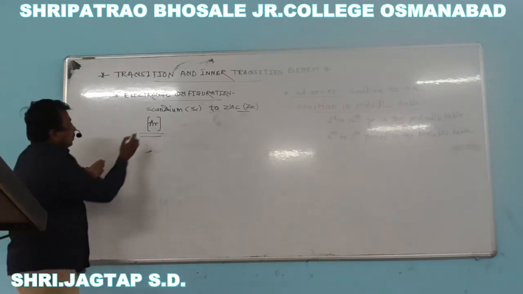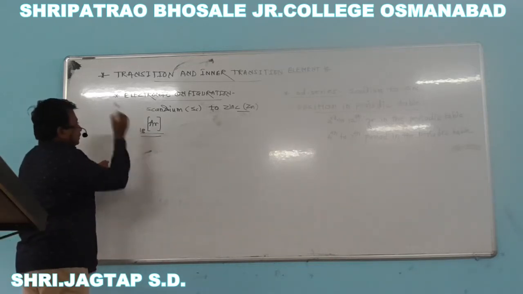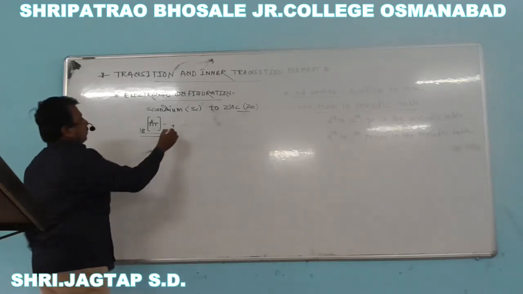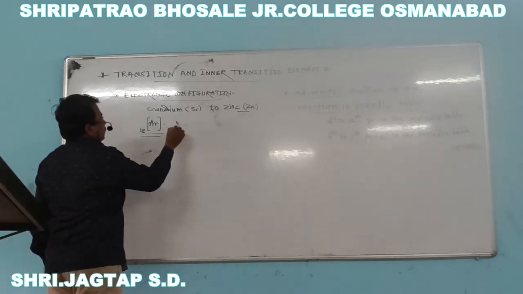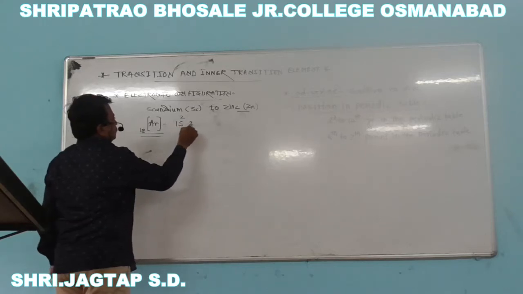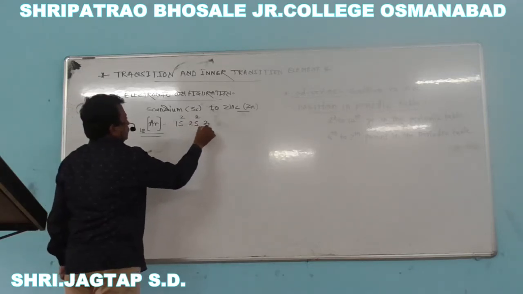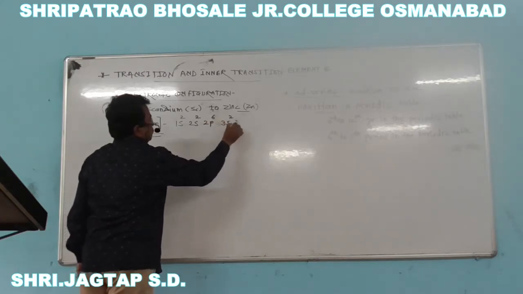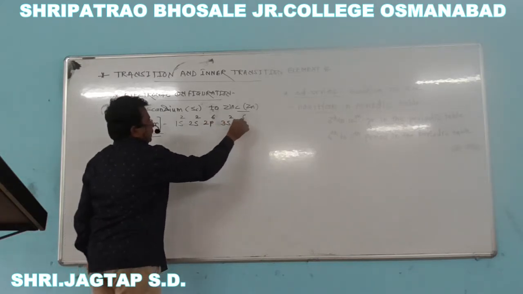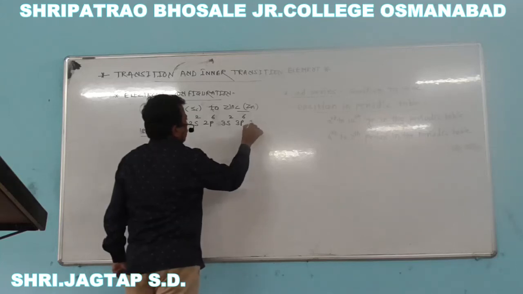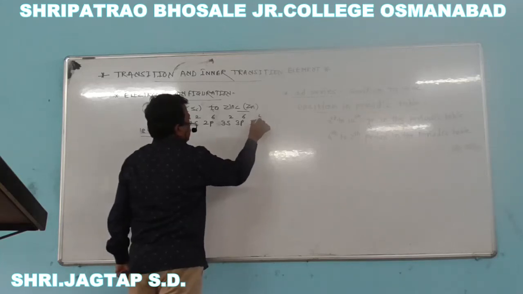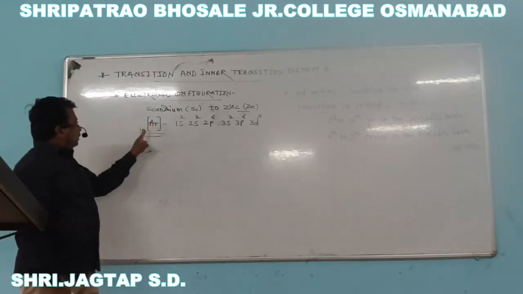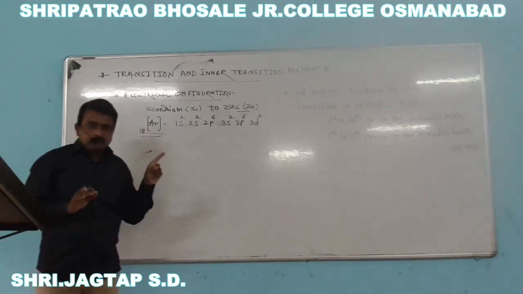The atomic number of argon is 18. So its electronic configuration is 1s2, 2s2, 2p6, 3s2, 3p6, 3d0.